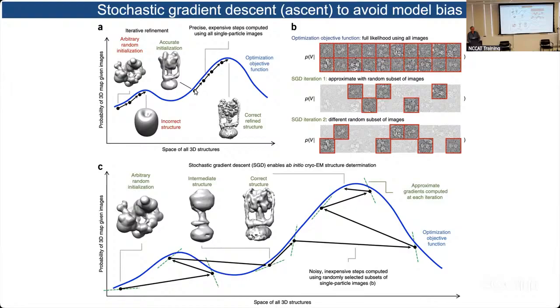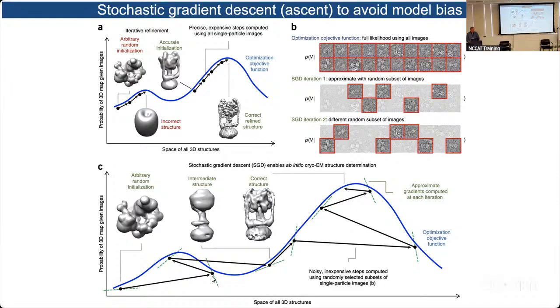If we started with a good initialization, then we would get to the correct high resolution structure. So what CryoSpark does is it introduces randomness into the reconstruction process by stochastic sampling. Basically, instead of using all of the images for each step of the EM algorithm, they start with a random subset of images to make the first step.